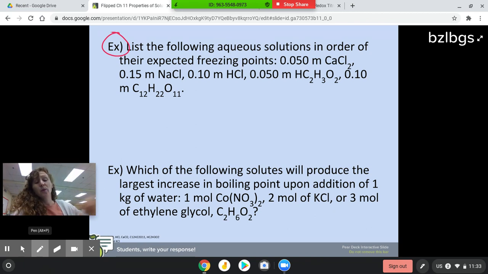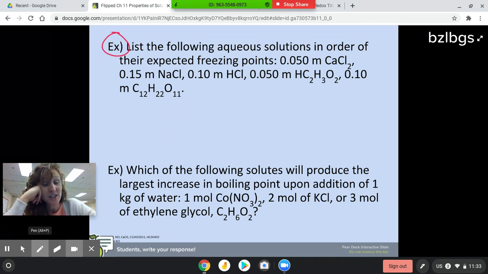Okay, so what you should be considering here is their concentration, right? The ones with the higher concentration should cause the greatest freezing point depression. The ones with the lower concentration should cause less of a freezing point depression.